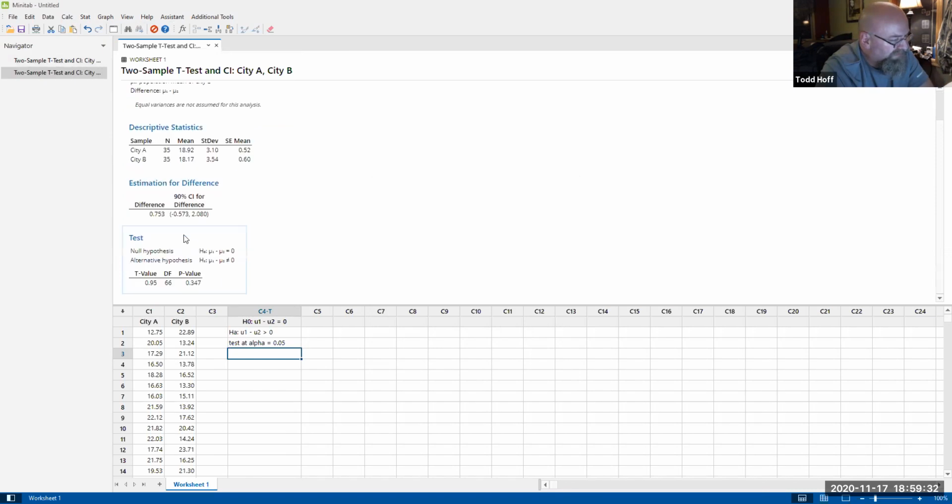And so here we get that confidence interval. It goes from a negative 0.573 to a positive 2.08. Zero is our hypothesized value from the null hypothesis, and 0 is in that interval, so that supports the fact that the null hypothesis is possible, so it can't be rejected.